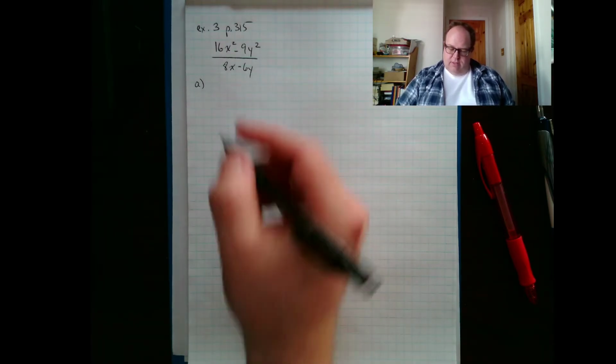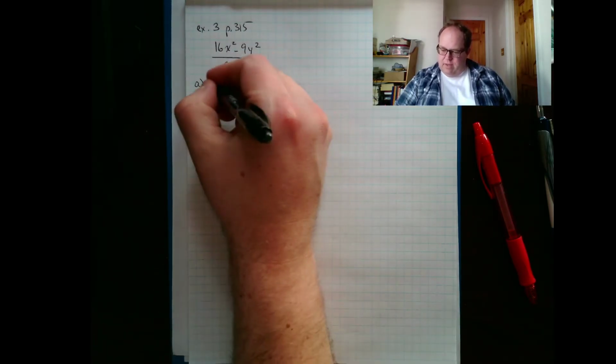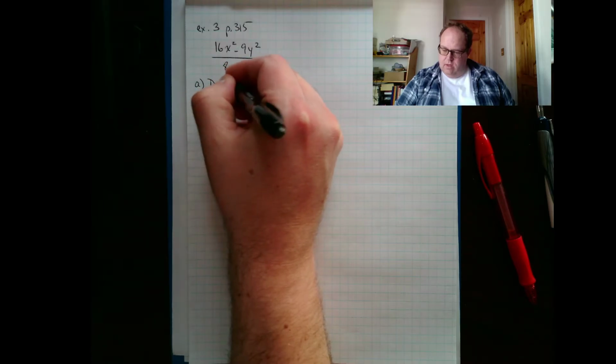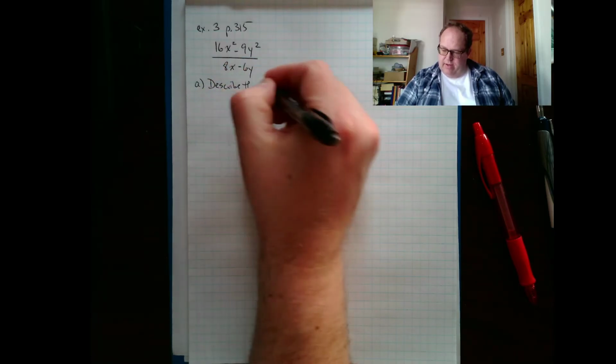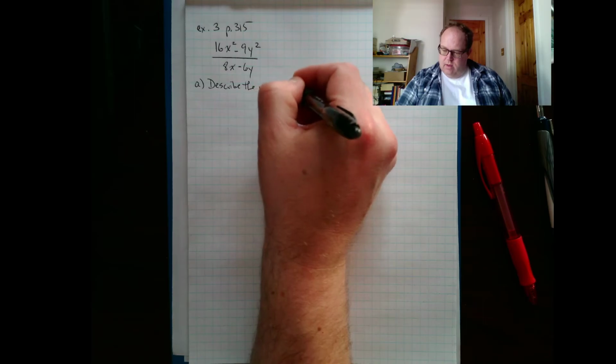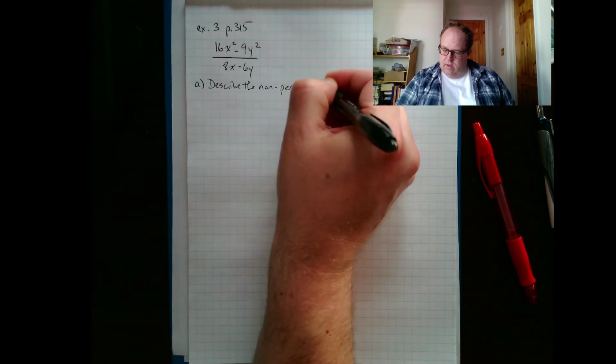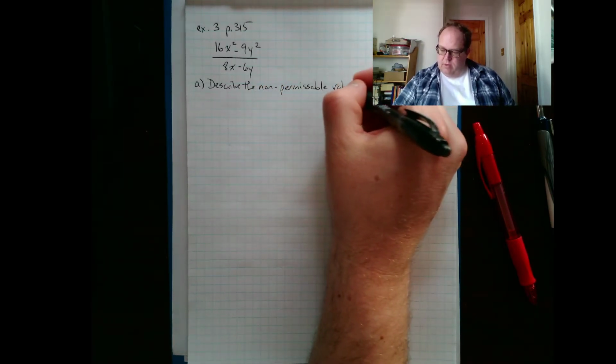In A, we're asked to describe the non-permissible values.